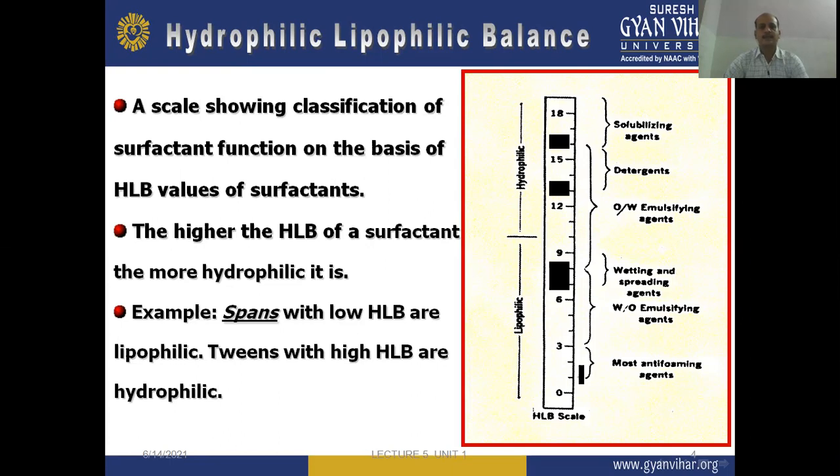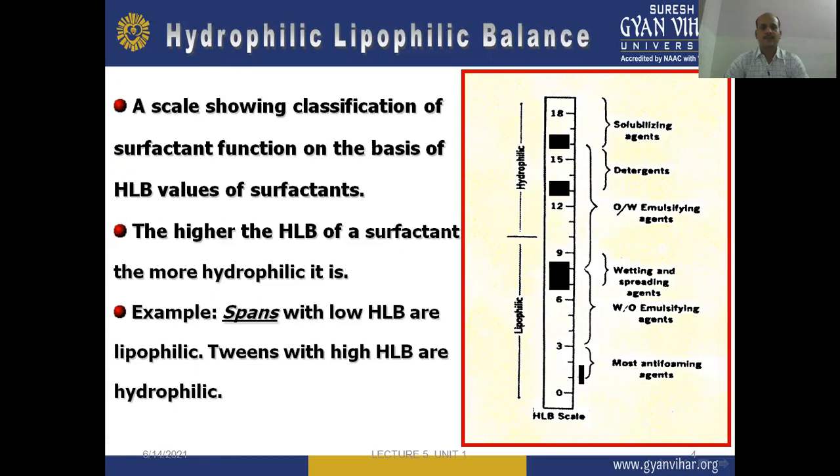The higher the HLB of a surfactant, the more hydrophilic it is. For example, spans with low HLB value are lipophilic in nature, whereas tweens with higher HLB values are hydrophilic in nature.